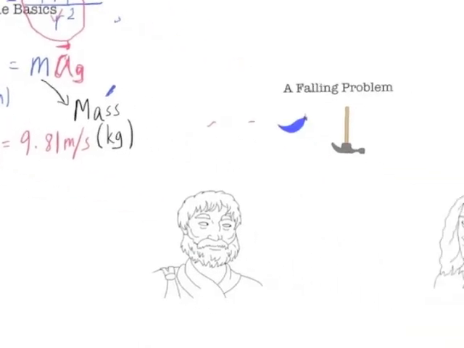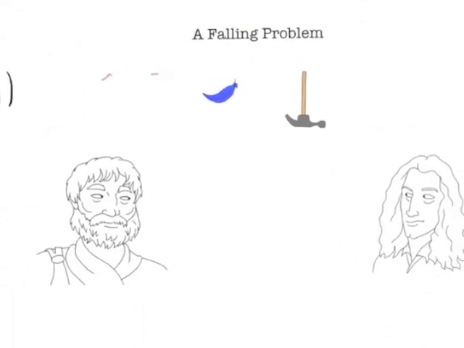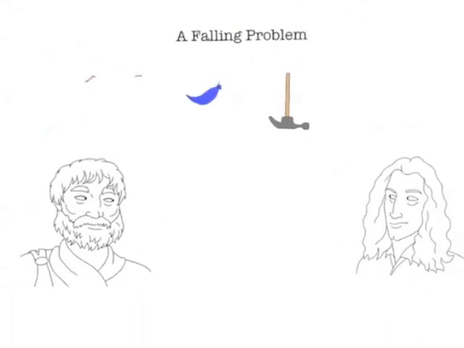Let's shift our attention to a classic problem. What's going to happen if you drop something heavy like a hammer versus a feather? Are they going to fall down at a similar rate or a different rate? To the left side of the ring, we have over here the venerable Aristotle.